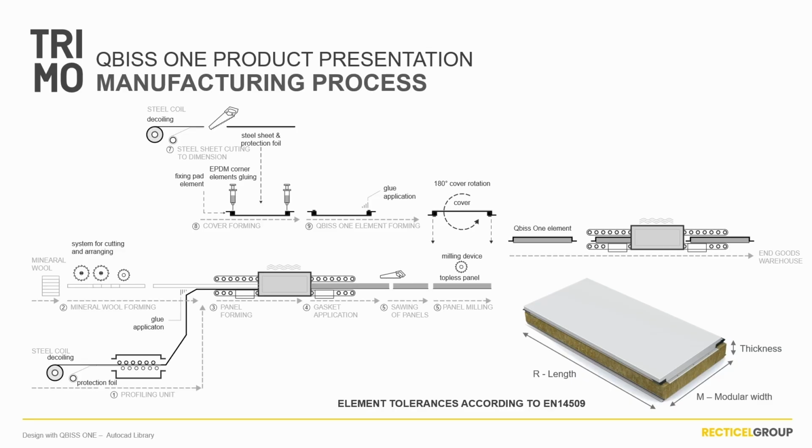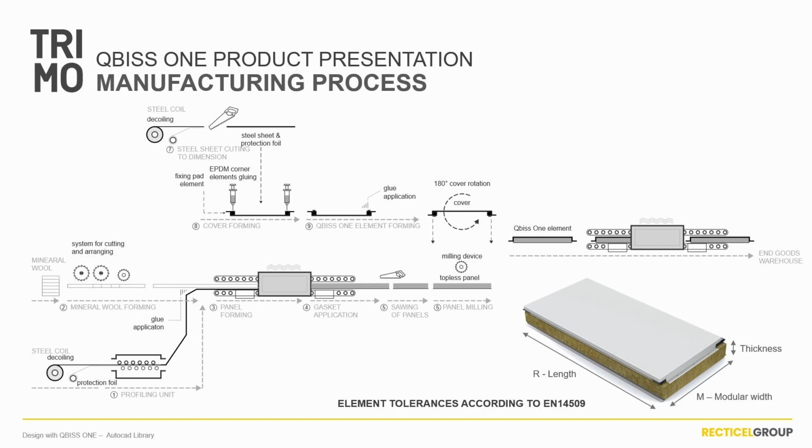What distinguishes qbiss1 is the controlled factory production, which guarantees precision, consistency, and long-term reliability. This gives contractors confidence during installation and allows for easier handling of after-sales service if ever needed.